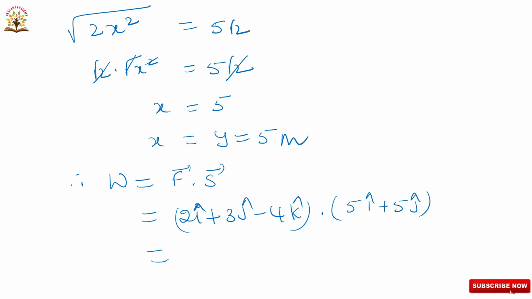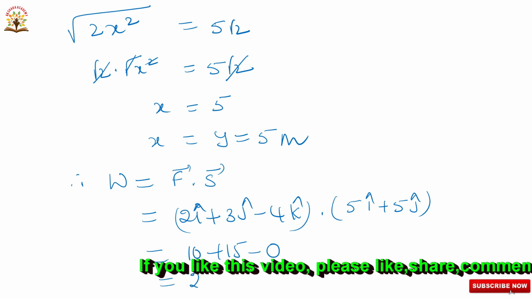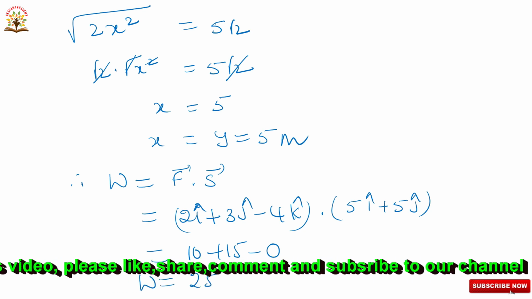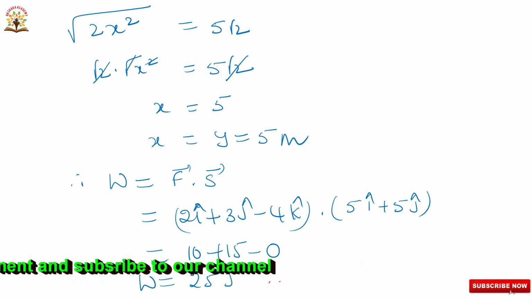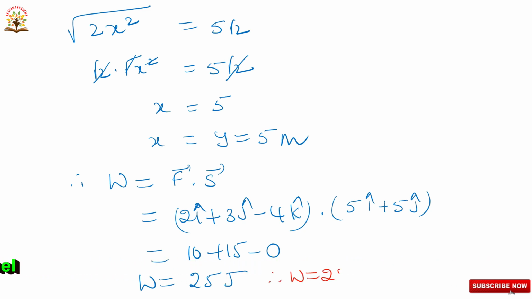So 2 5s are 10, 3 5s are 15. There is no k component, so it is 0. So 10 plus 15 is 25. So work done is 25 joules. This is the final answer.